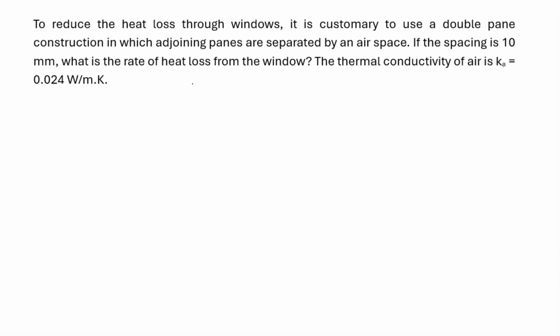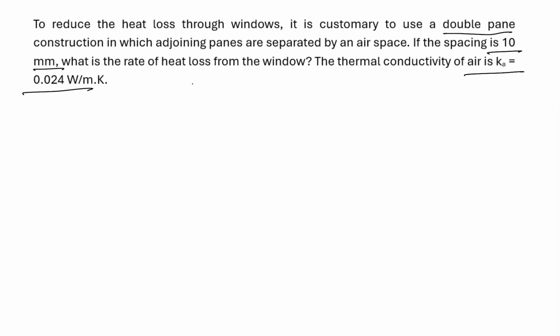Now for the second part of this question, they are saying there is a double pane window and the space between the two panes of glass is separated by air. So that air space separation is 10 millimeters, and they have given the thermal conductivity of air as 0.024.